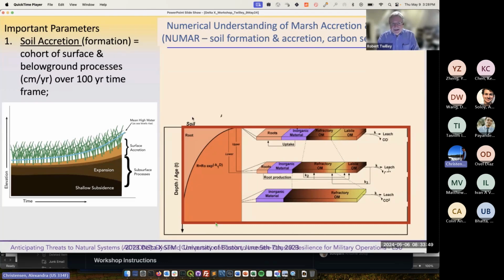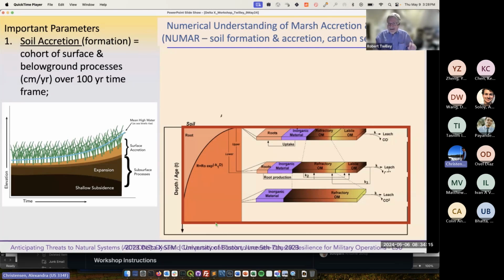Now, that's the surface deposition that builds soil formation. There are also the below ground processes, and the way that we capture both of these is what's known as a soil cohort model. Basically, each year, on a one year time step, we lay down a layer of soil, and then we track what happens to that layer each year over a 100-year time frame.